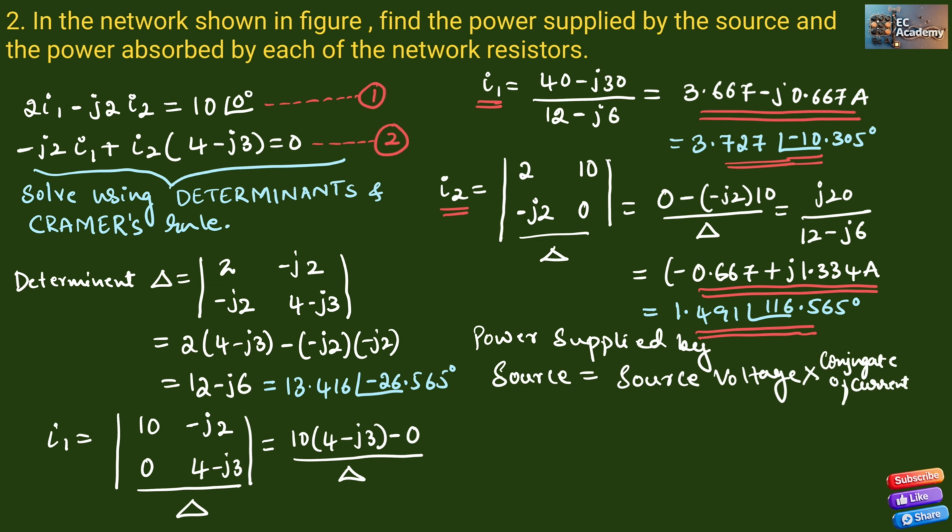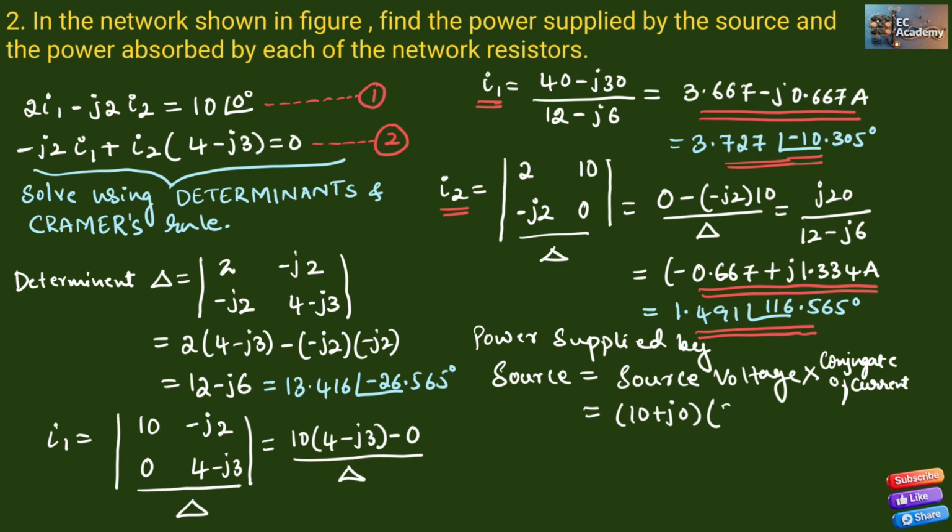So, the source voltage will be equal to 10 plus j0, multiplied with the loop current through the battery, which is 3.667 minus j0.667. So the conjugate of the current will be 3.667 plus j0.667.